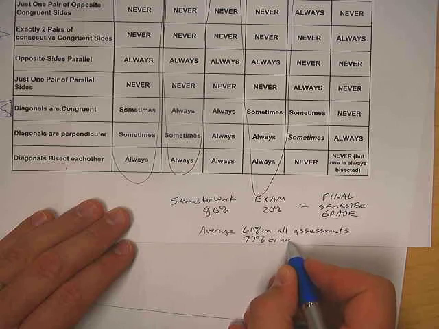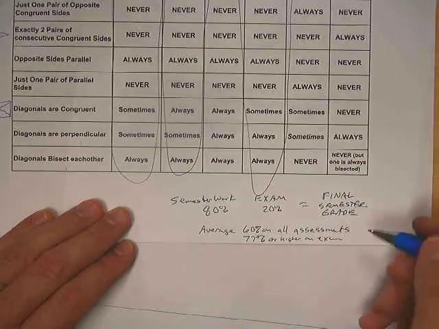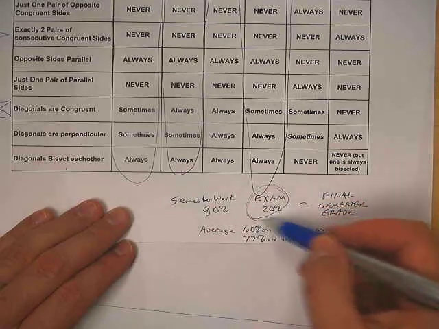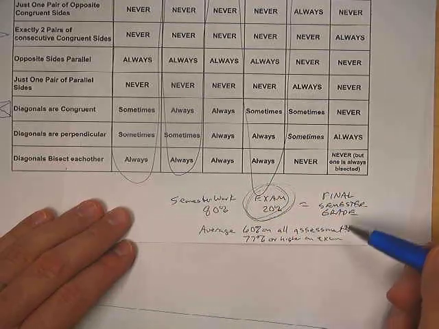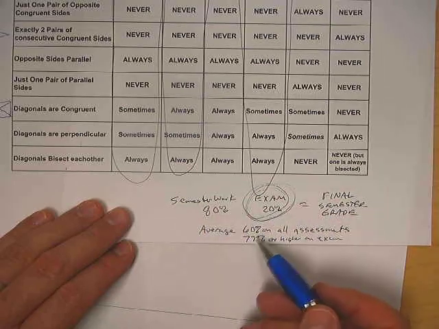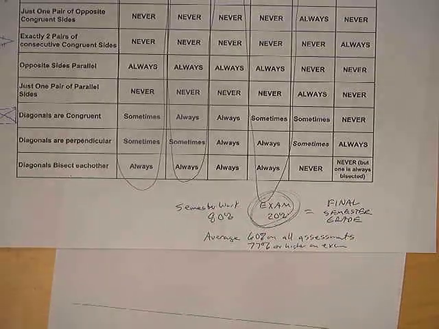If you got 77% or higher on the exam, you automatically pass the course. But people want to do well on this exam because it has a big impact on what grade you get in the course. So let's say you're getting an A, but you bomb the exam. That doesn't mean you're going to get an A for the semester. So study, do the best you can, and good luck.